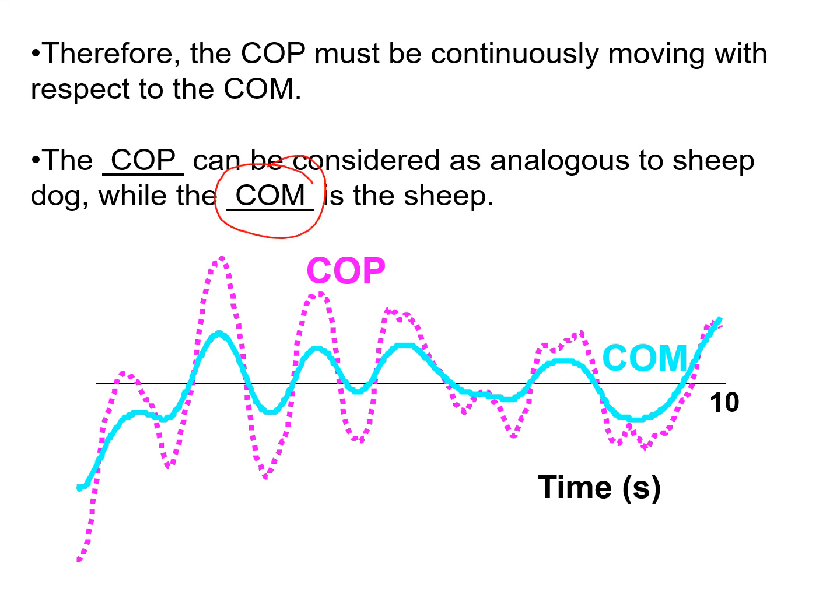This was a short lecture, but the take-home points, and we'll discuss this in the review for the third exam, is that to maintain appropriate balance, your center of mass must be within the base of support, and the center of pressure direction indicates how that center of mass is moving within that base of support or outside of that base of support.